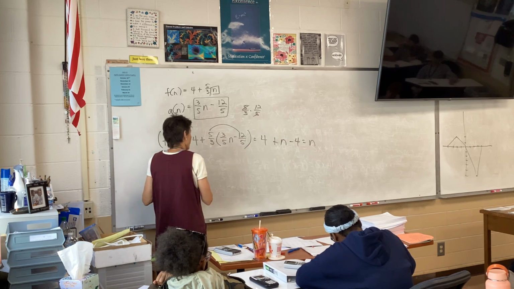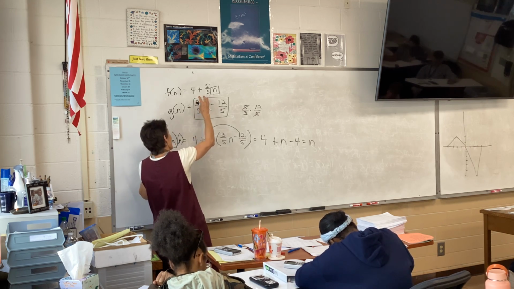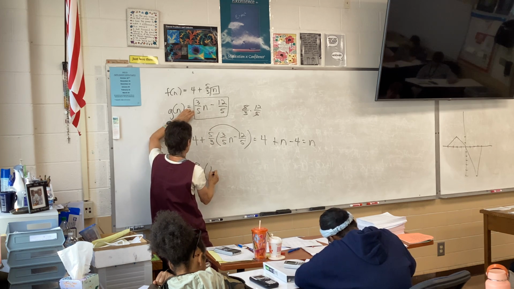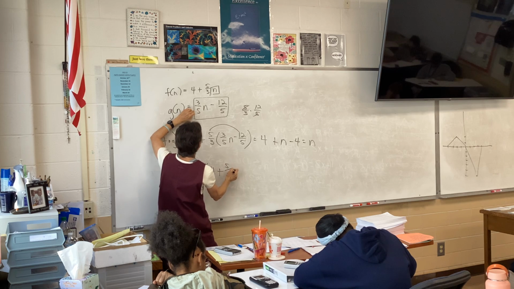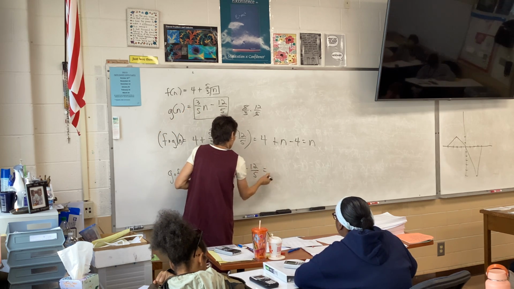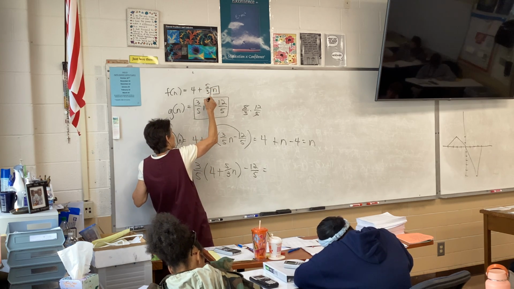So now we do the other one. You have to do both. This is the only way to do this problem. Plug g into f, and then plug f into g. So I took the f function and plugged it in here.